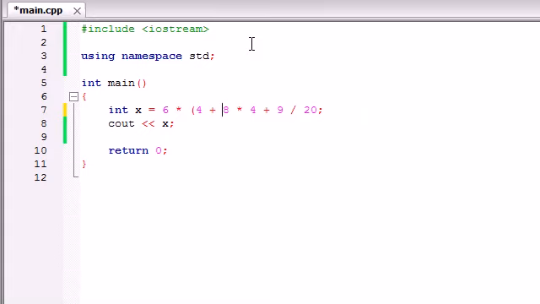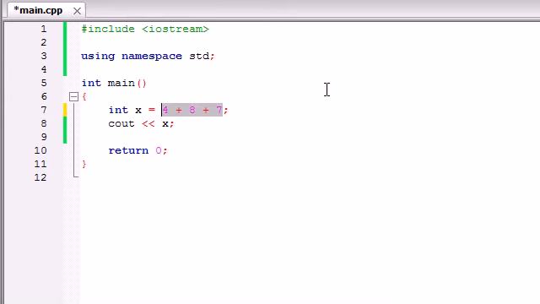If you don't have any parentheses, it does all the multiplication and division first, which would be this, this, and this, and then it does your addition and subtraction. If you just have something like 4 plus 8 plus 7, is it going to do 8 plus 7 first or 4 plus 8 first? It really doesn't matter. It comes out the same either way.